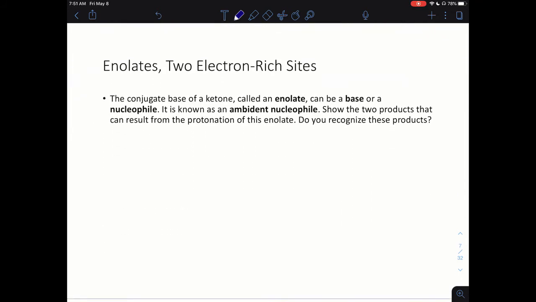So let's consider enolates. They are described by 2 resonance structures, as we've been discussing. They're described by the resonance structure that has the negative charge on carbon and the resonance structure that has the negative charge on oxygen. We know that this resonance structure is more contributing. Enolates can be bases and enolates can be nucleophiles.